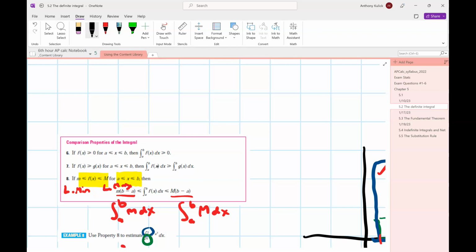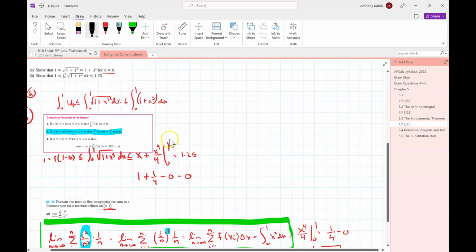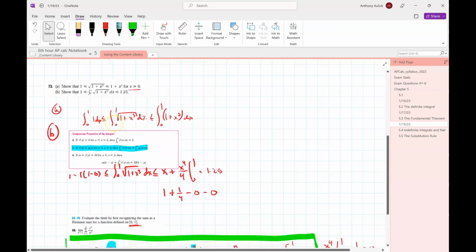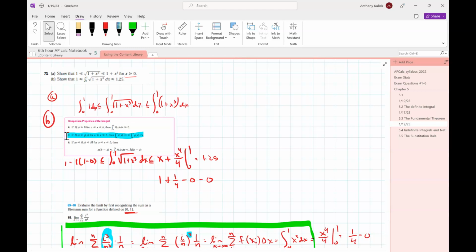That's a good one. Or in 73, this property that I used in 73. That's a good one, especially for questions like show that this is true, or which of these is true.